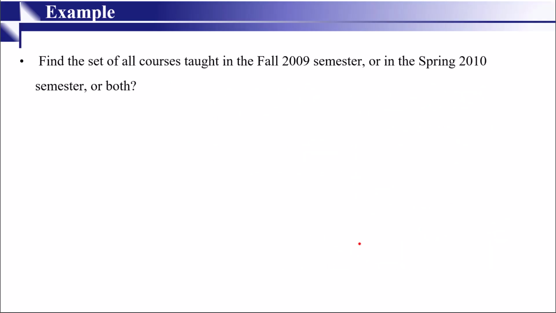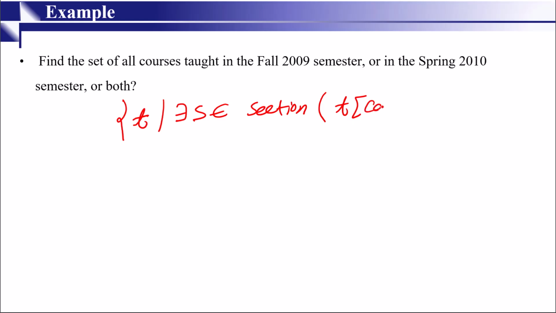Find the set of all courses taught in fall 2009 or spring 2010 or both. The same thing that we did in relational algebra. So this time we write T, there exists S in section, where T.course ID is equal to S.course ID, right?